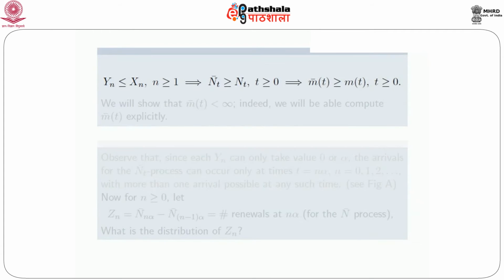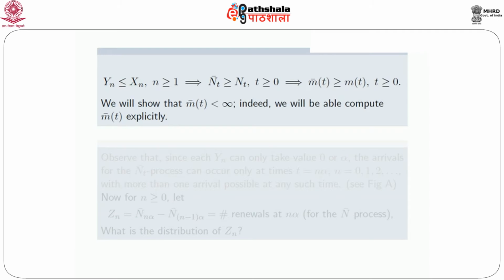Since all the yns are less than or equal to xn for n greater than or equal to 1, that would clearly imply that n hat t is greater than or equal to nt for all t greater than or equal to 0, which would of course imply that m bar t is greater than or equal to mt, and our aim is to show that mt is finite. We would achieve this by simply showing that m bar t is finite.